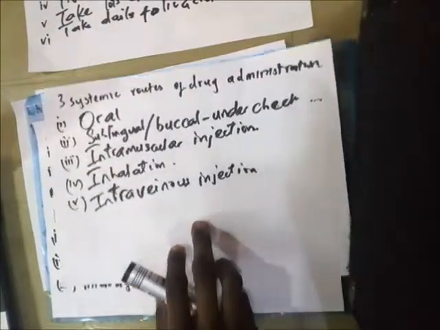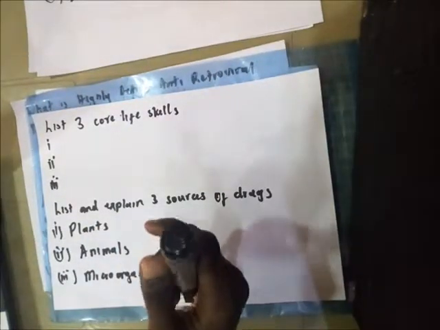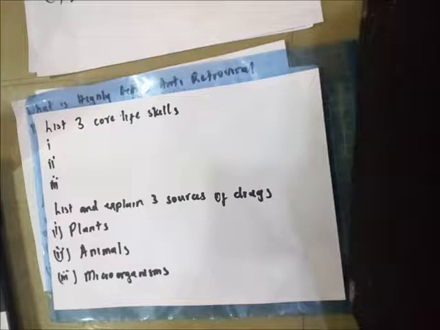So next question. Okay, list 3 core life skills. There are life skills that are actually very important to us, so we have to list them. Number one, make decisions, solve problems, and think critically and creatively.